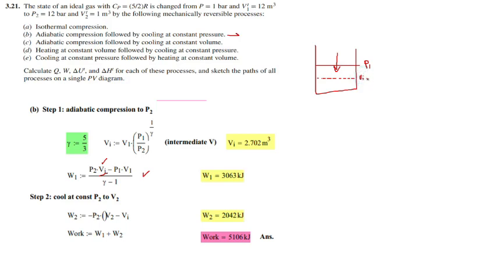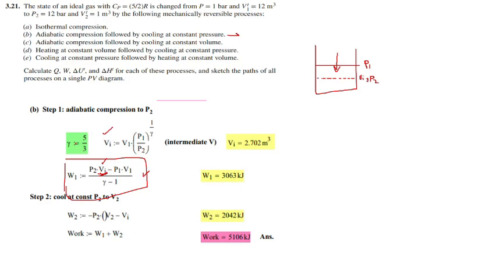You don't know the value of this Vi, and the pressure becomes P2. Then in the second substep you cool this gas. So if you are applying the work formula, you have to use the intermediate volume. The intermediate volume will be calculated by this formula.